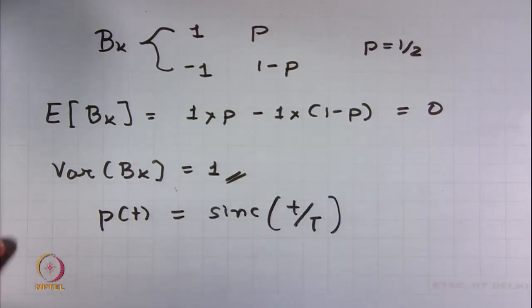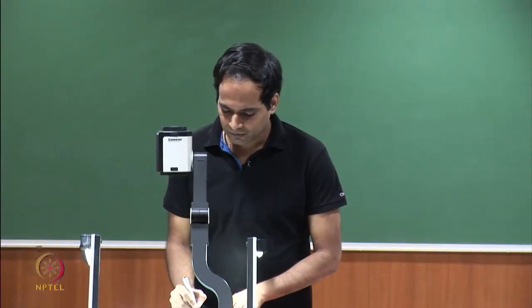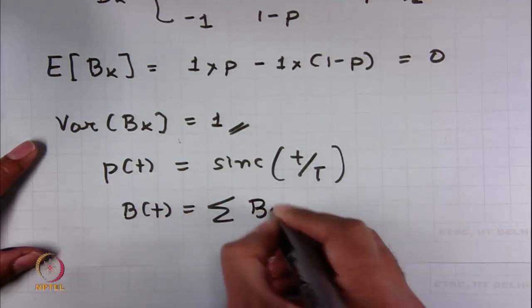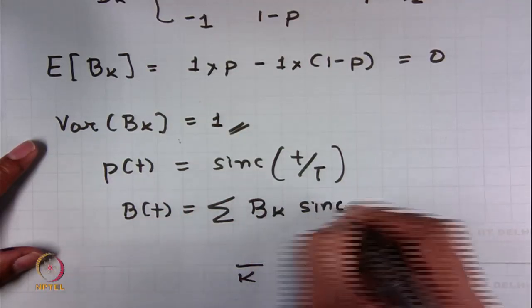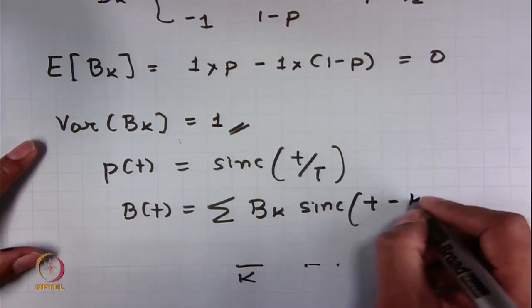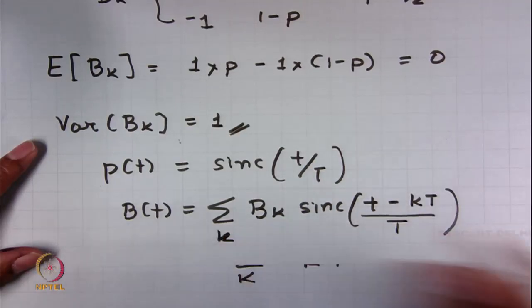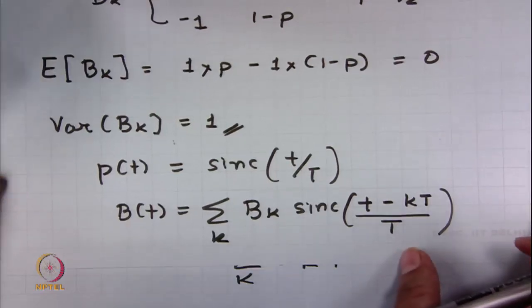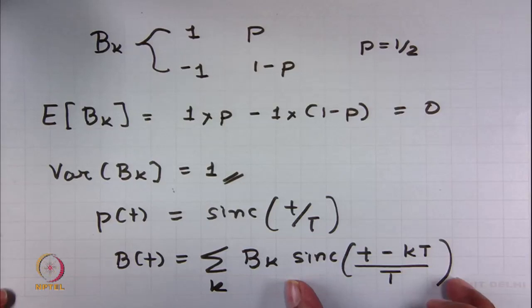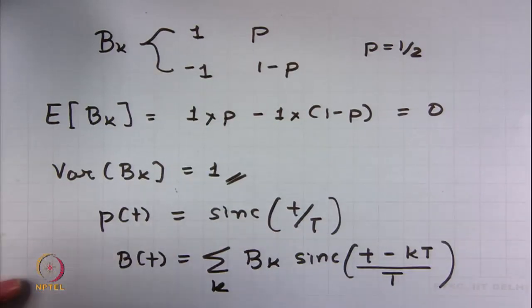So, I have chosen a sinc pulse, and then I can express p(t) as follows. All right. So, this is a specific case of binary PAM transmission when you have chosen the pulses to be sinc pulses.